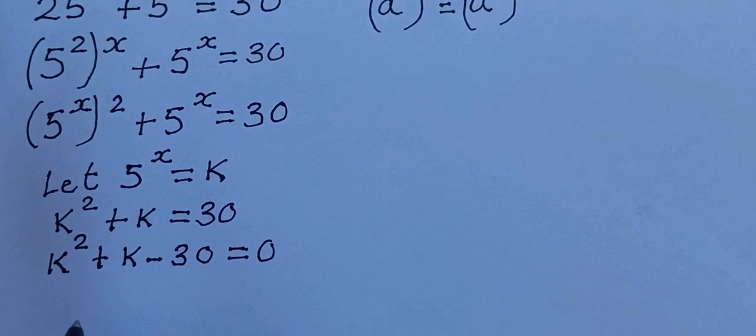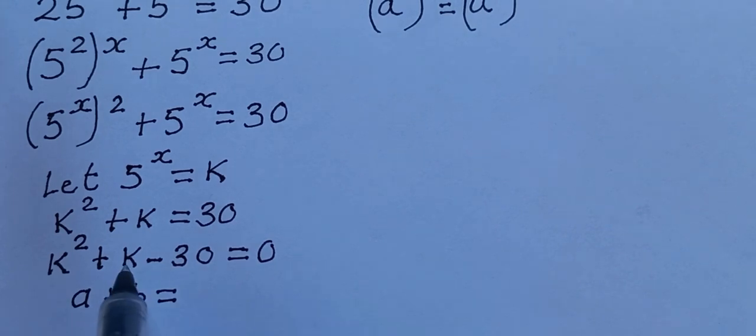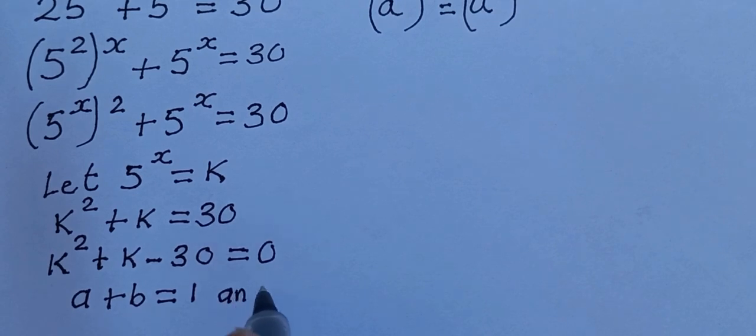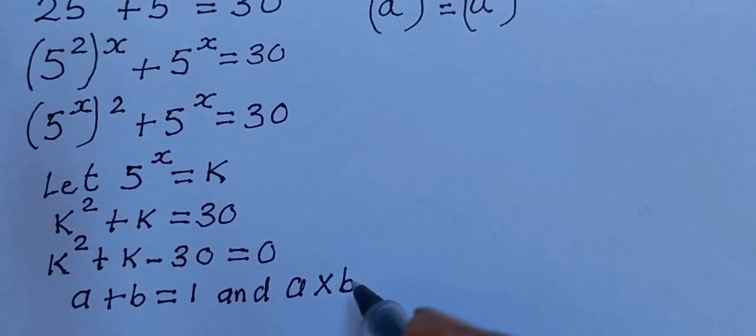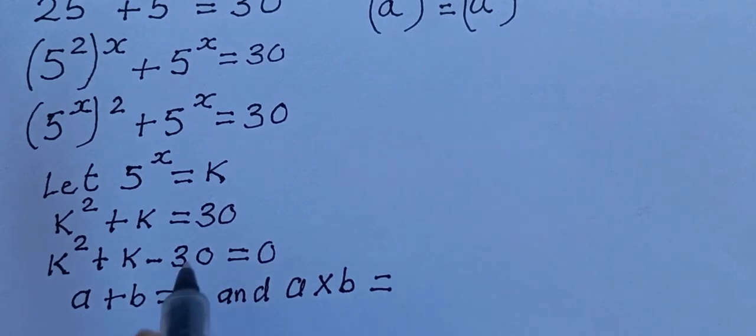Let those numbers be a and b, which means a plus b should be equal to the coefficient of k, which is 1, and a times b should be equal to the value of c, which is negative 30.